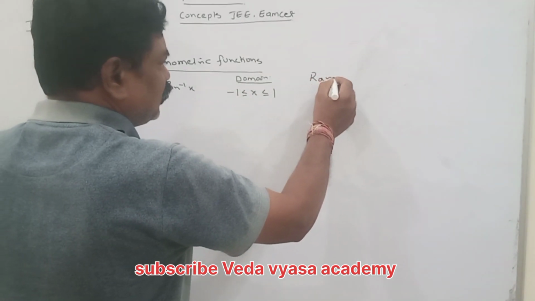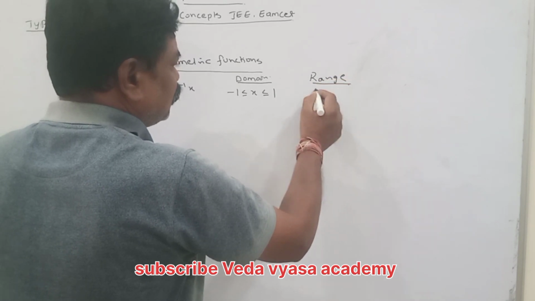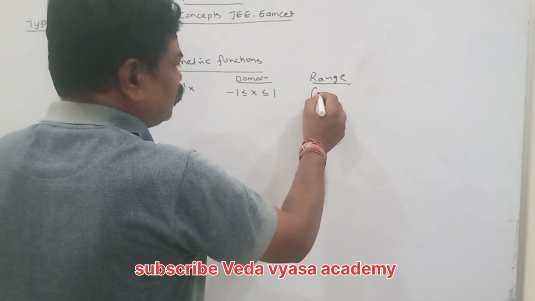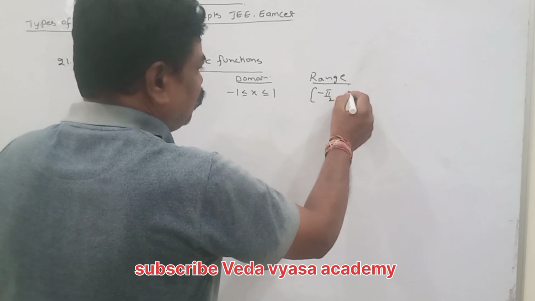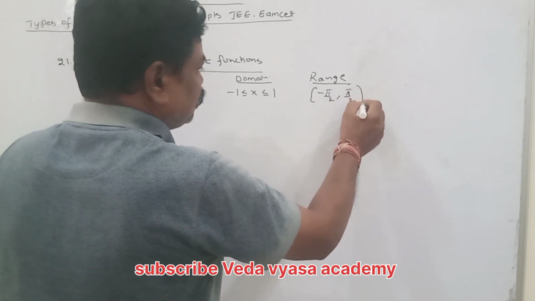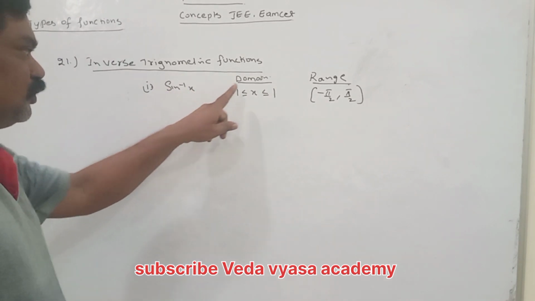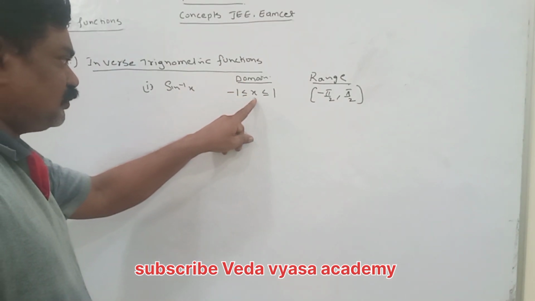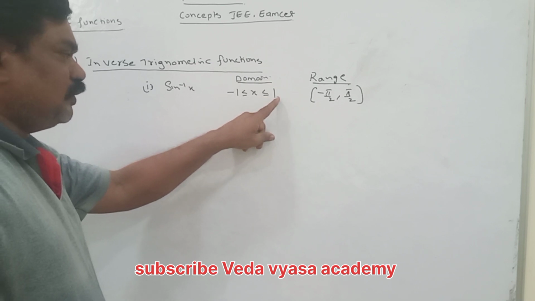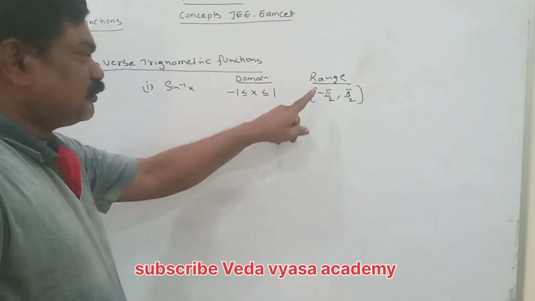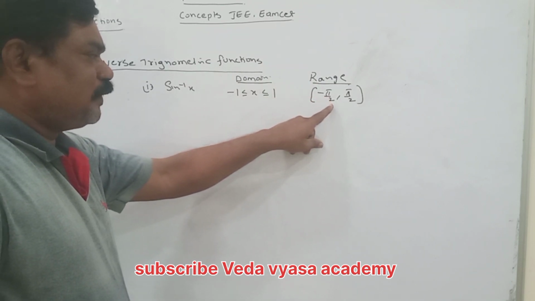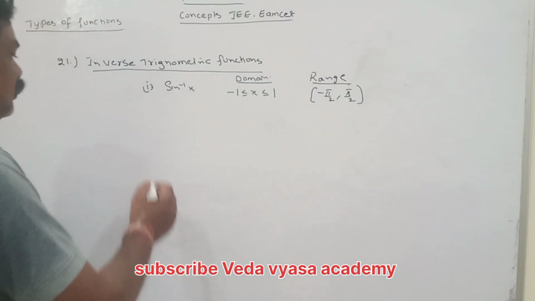What is the range? The range is the closed interval minus pi by 2 comma pi by 2.